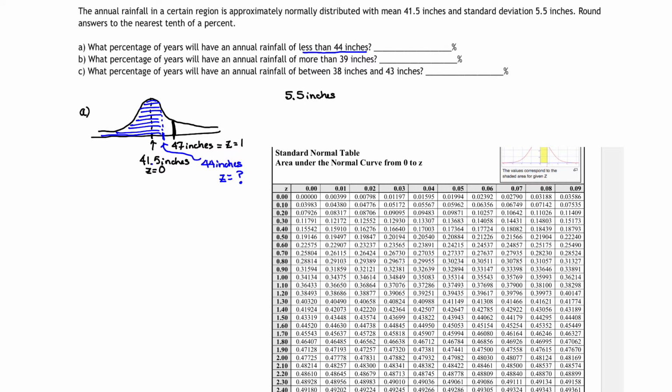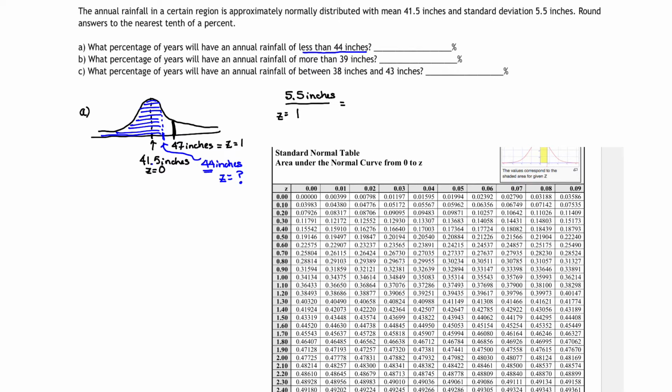I'm told in my problem that 5.5 inches is equivalent to my z value being 1. Well, that's going to help me because I can set up another proportionality over here. I know that 47 is 5.5 inches away from 41.5.